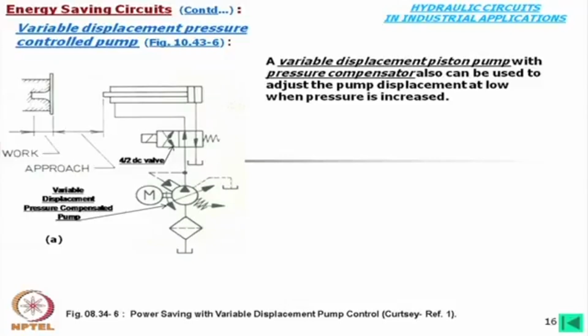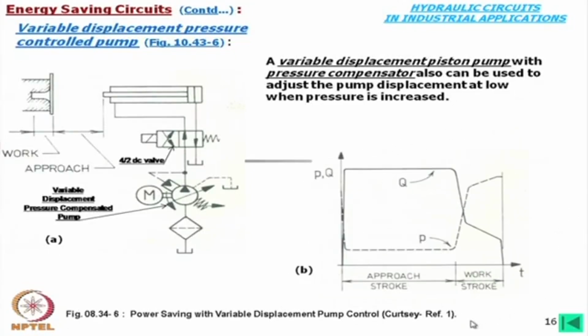That is why if we go for such a system, we have to be very selective. But using such a variable displacement pump with a proper control system, the energy savings will be more assured, and we can say more fine control will be there.